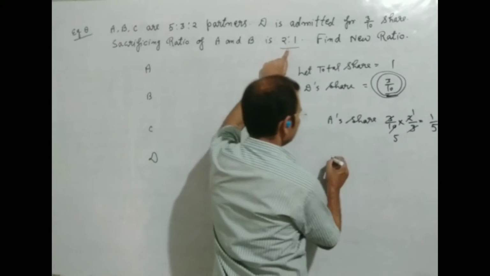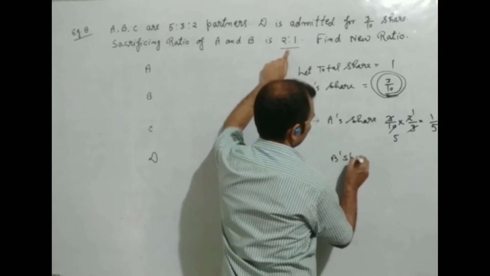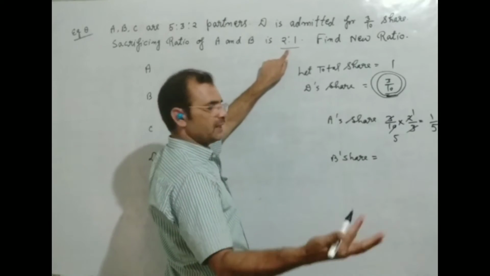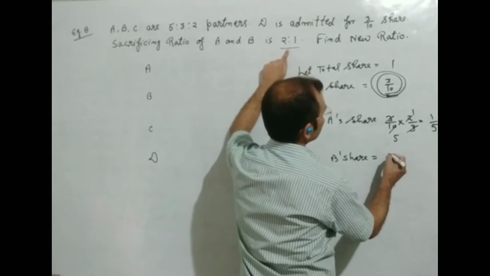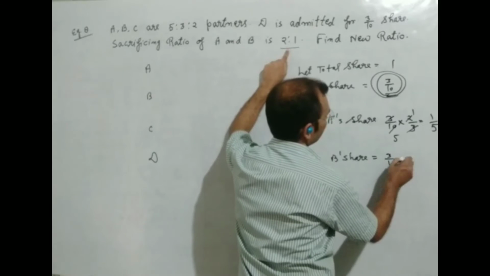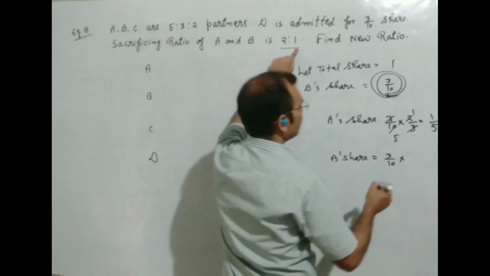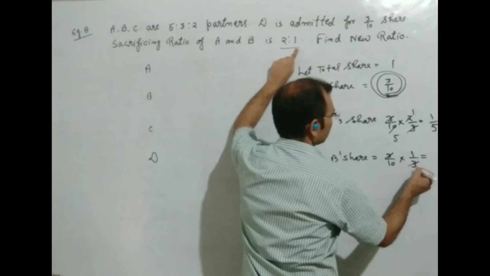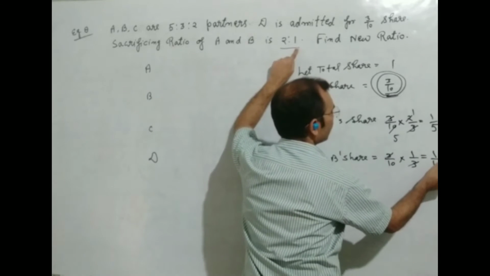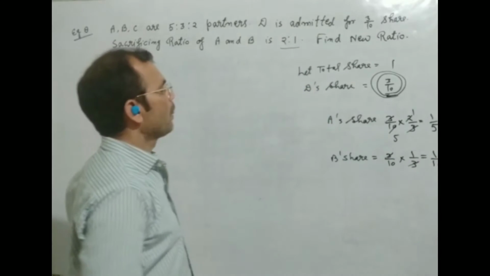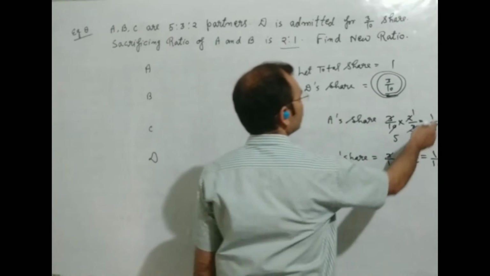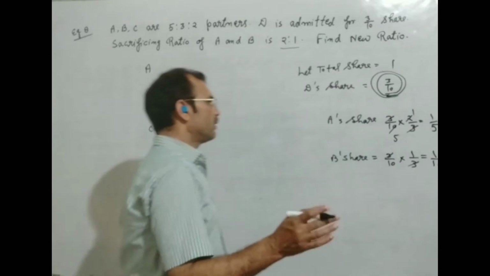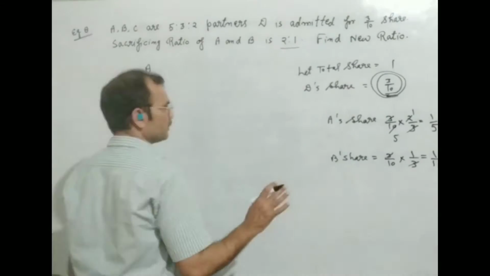Okay, B's share, that is the share which B will sacrifice: 3/10 into 1/3. 3 cancels out, we can write here 1/10. If we want to make the denominator equal, we can multiply, otherwise we can write the same.